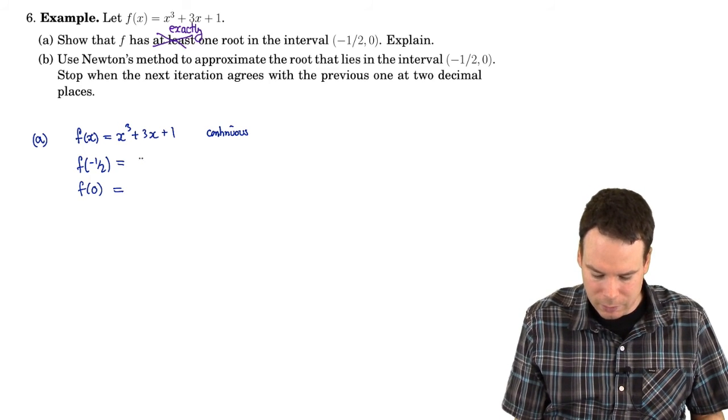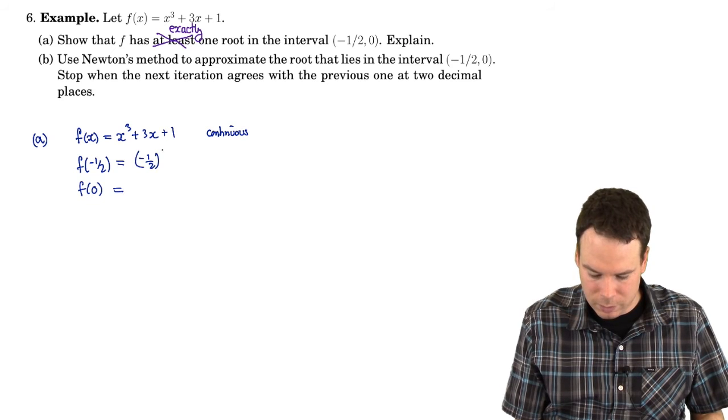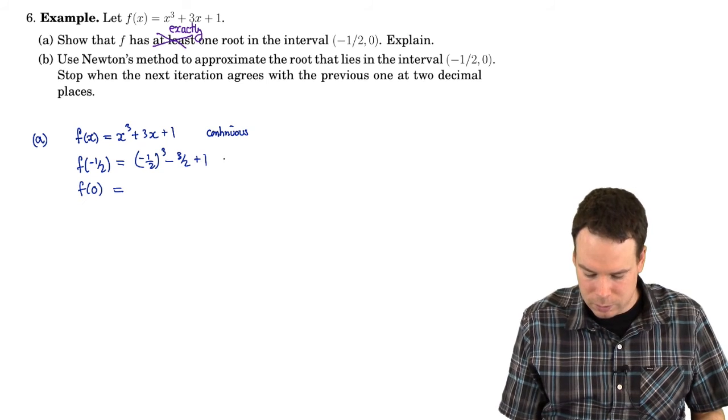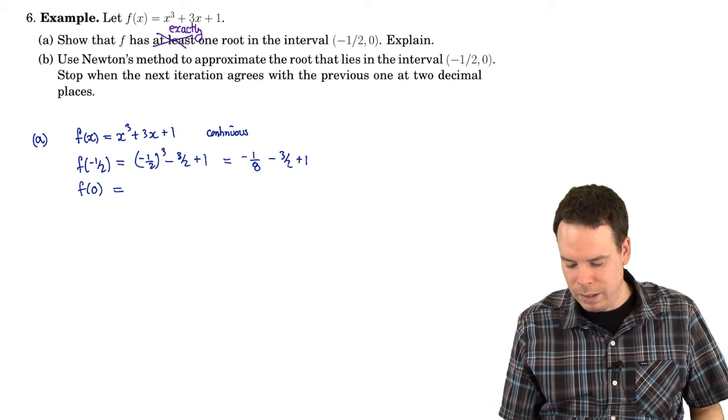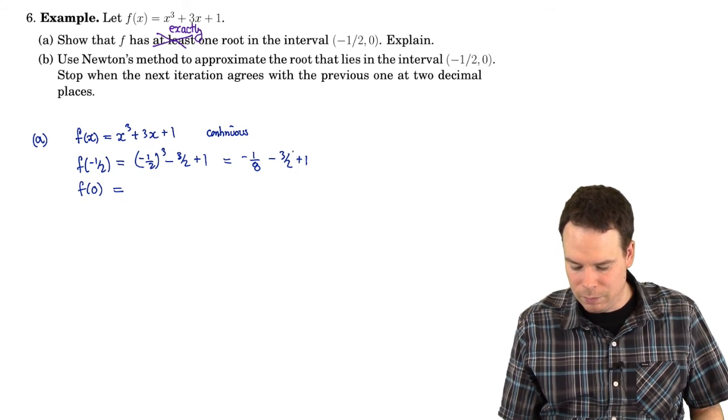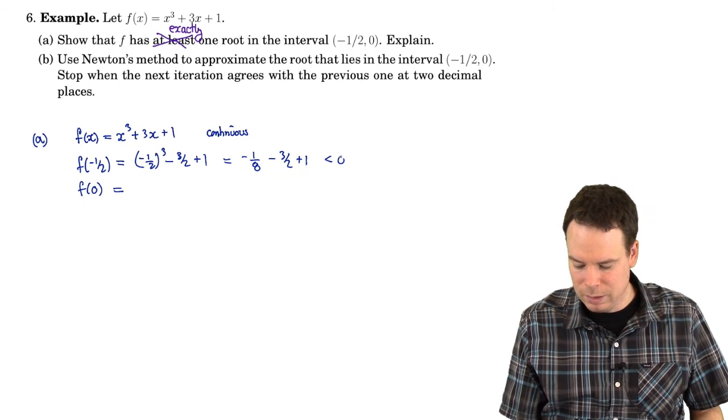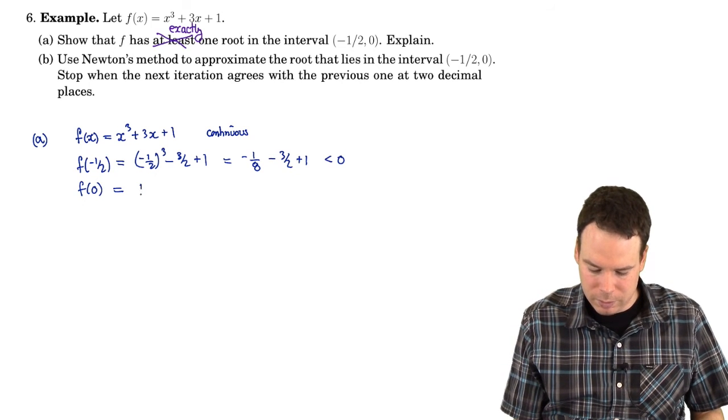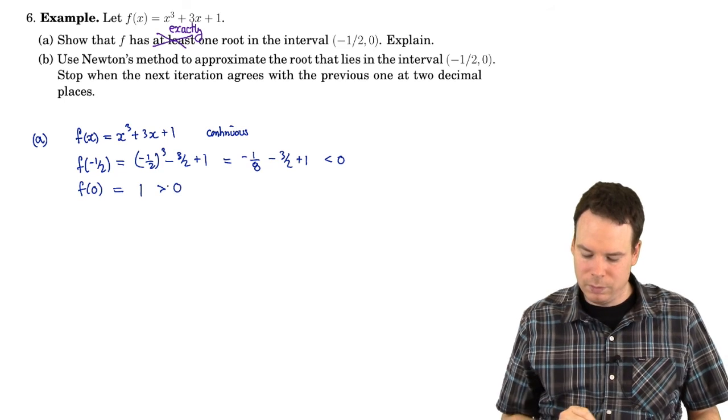So what's happening at -1/2? That's -1/2 cubed minus 3/2 plus 1. So that's -1/8 minus 3/2 plus 1. Well, I already know -3/2 plus 1, that's a negative number, and then I've got another -1/8, so I know that's negative. What about at 0? At 0, it's 1, so that's positive.